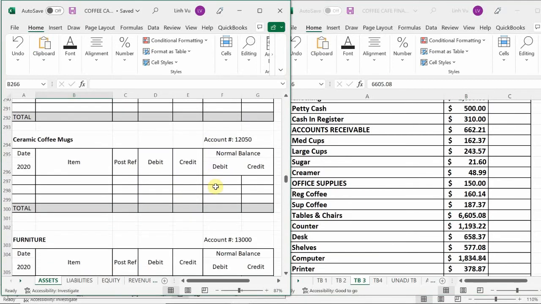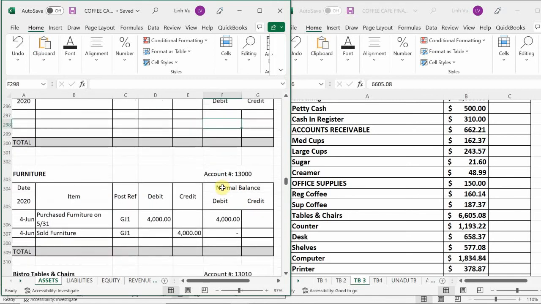Ceramic coffee mugs. We have to make a count of that. When do we do that? At the end of the period. Right now we're only on the 21st. So nothing there yet.